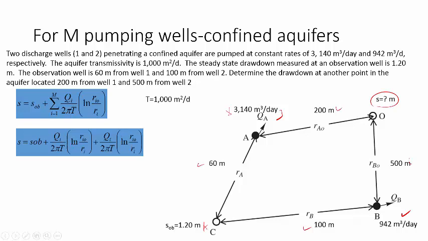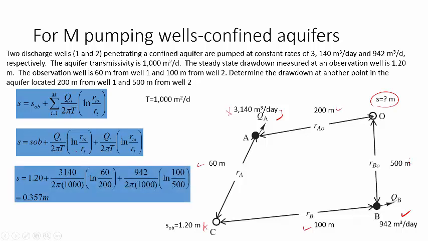So we have 2 wells, and this is the drawdown from that observation well. So we just substitute appropriately. So let's take a look at the substitution. So this is the drawdown from that observation well, and this observation well is 60 meters from well 1 and 100 meters from well 2.